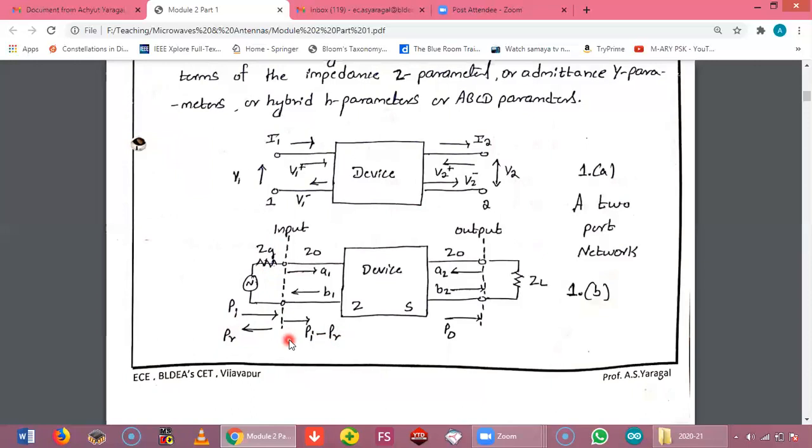In the same way, we have Z0 as the characteristic impedance at the input side, and A1 and B1 are the incident and reflected waves respectively at port 1. On the output side, ZL is the load impedance, P0 is the output power, and A2 and B2 are the incident and reflected waves at port 2. Z0 is again the characteristic impedance at port 2. This is how we can represent a simple two-port network.